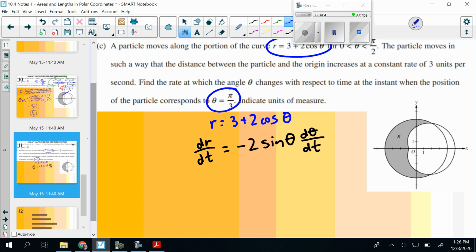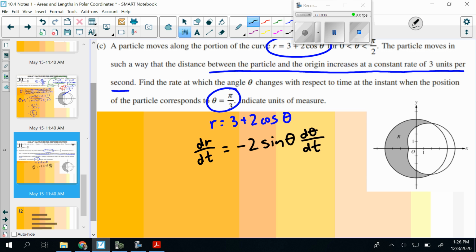They also tell us in here that the distance between the particle and the origin increases at a rate of 3 units per second. So that's talking about our dr/dt here.